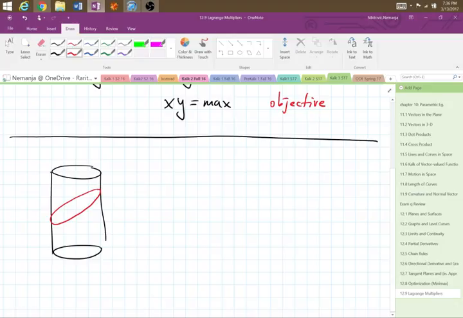So what am I looking for? I'm looking for a max point or a min point on the shape of a cylinder, but the constraint is that that maximum has to be on the ellipse.